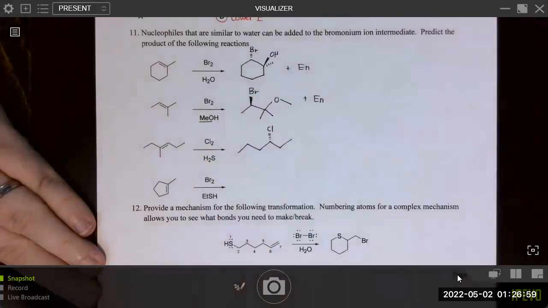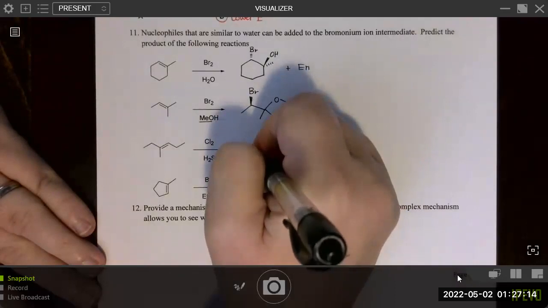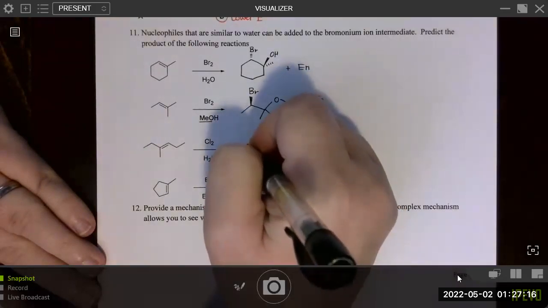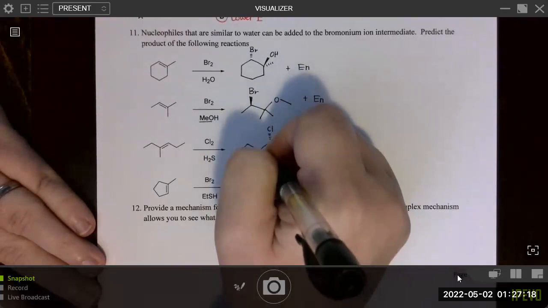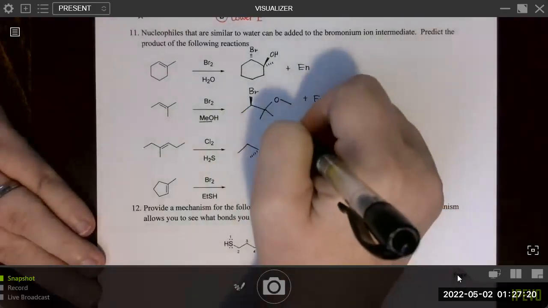Dash or wedge, doesn't matter. The relative positioning of anti is what you need to make sure that you do here. So if I place the chlorine on a dash, that means the OH group has to be on a wedge, which in this case is an SH. That as well, which pushes this methyl back. Plus the enantiomer.